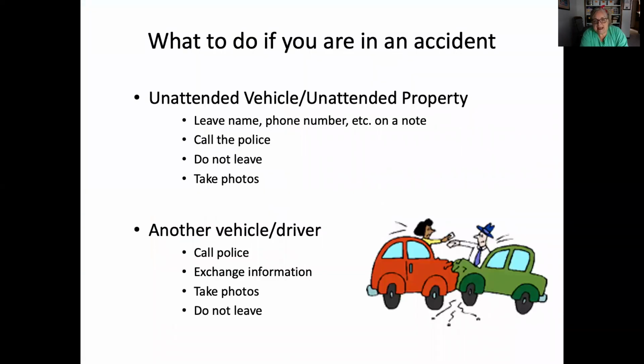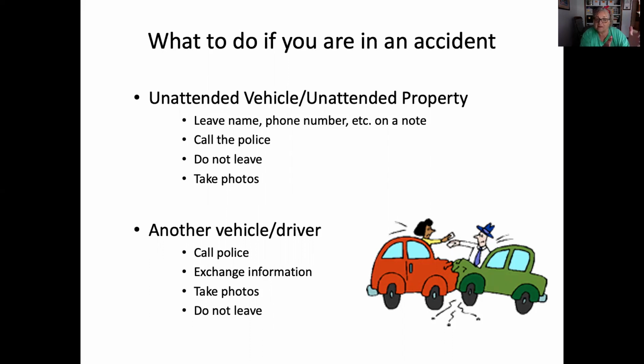If you happen to be in an accident and you are driving a vehicle that's in an accident, you need to remember these things. If you are in an accident with an unattended vehicle or unattended property, and that means you hit a parked car or you hit a wall or a post or something where there's not another person around, you need to leave your name, phone number, contact information on a note.